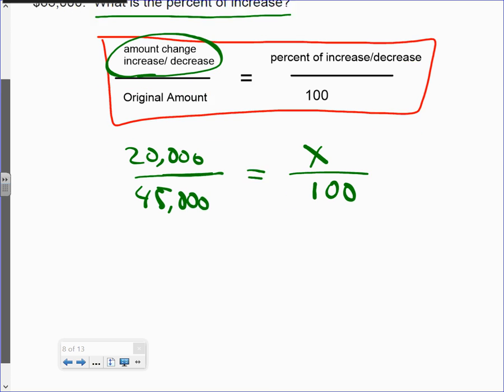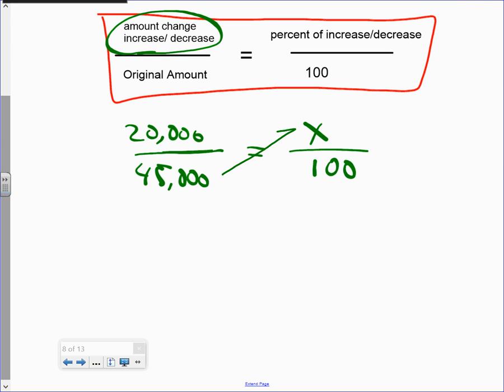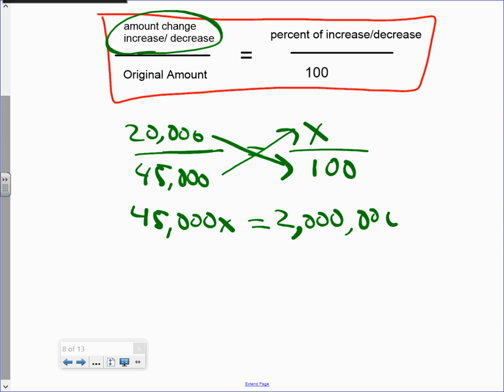It's as simple as that. Unbelievably simple. Now let's just cross multiply this elementary school equation. 45,000 times x is 45,000x equals 20,000 times 100, which is going to be 2 million if I'm not mistaken. Yeah, it becomes 2 million.